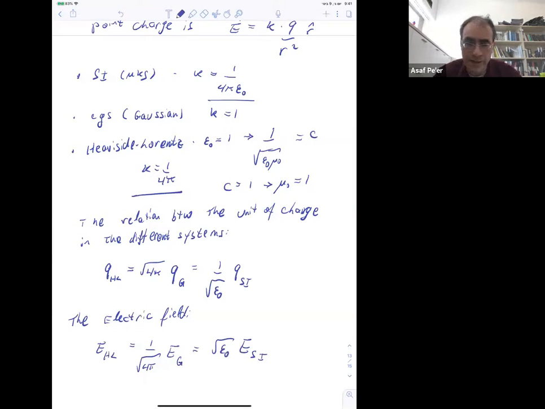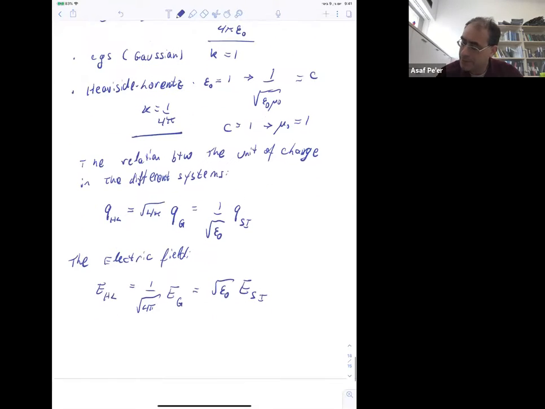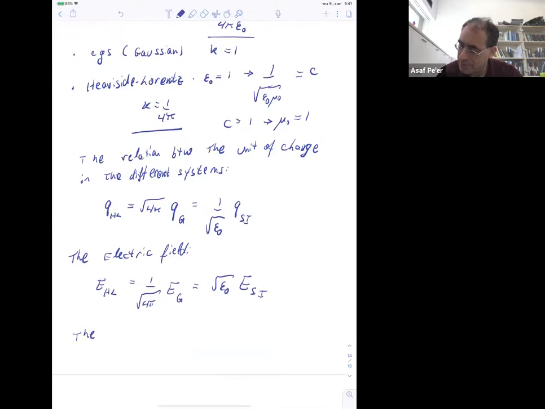The cool thing is that the fine structure constant, which is unitless, is independent of the system and always gets the same value.